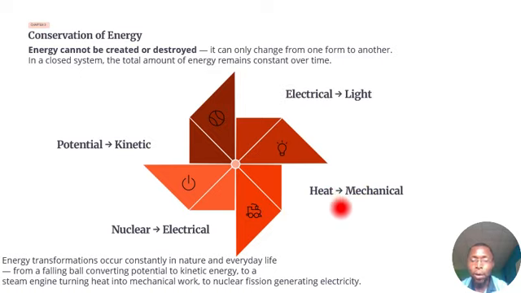You use the nuclear reactor to convert from heat to mechanical, and then you use the turbine to convert from mechanical to electricity. Now nuclear to electrical, here you also make use of these two devices, that means the nuclear reactor and the turbine. So in essence, each of these conversions makes use of a device for them to be converted.